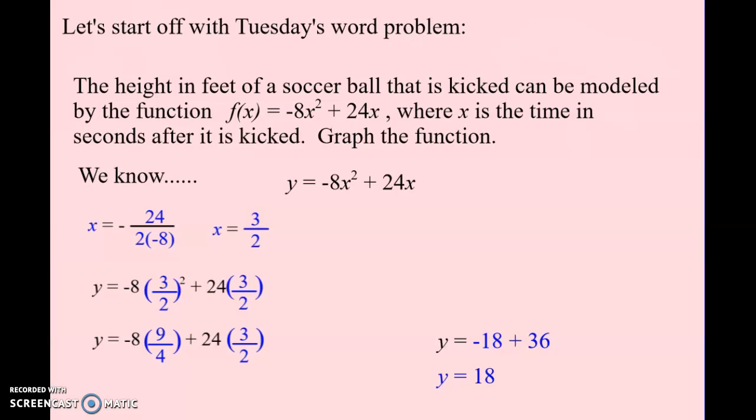When we substitute in 3/2, first we square it. 3 squared is 9, 2 squared is 4, but now you can simplify this, and you can also simplify this and end up with whole numbers. So we discover that y is equal to 18.